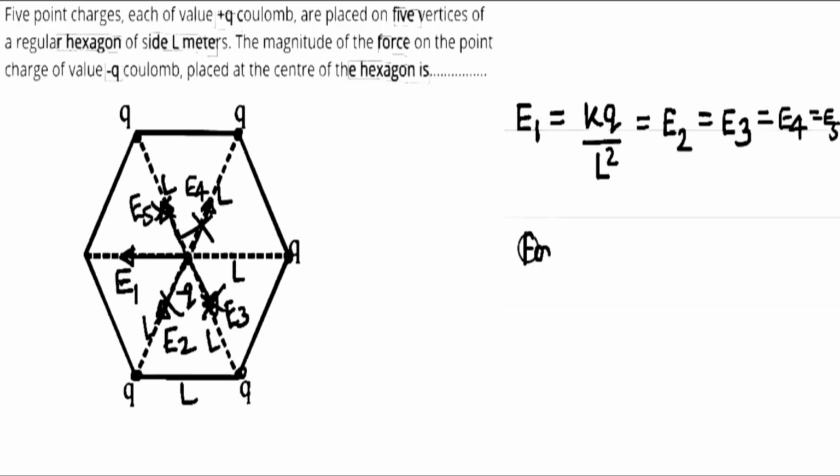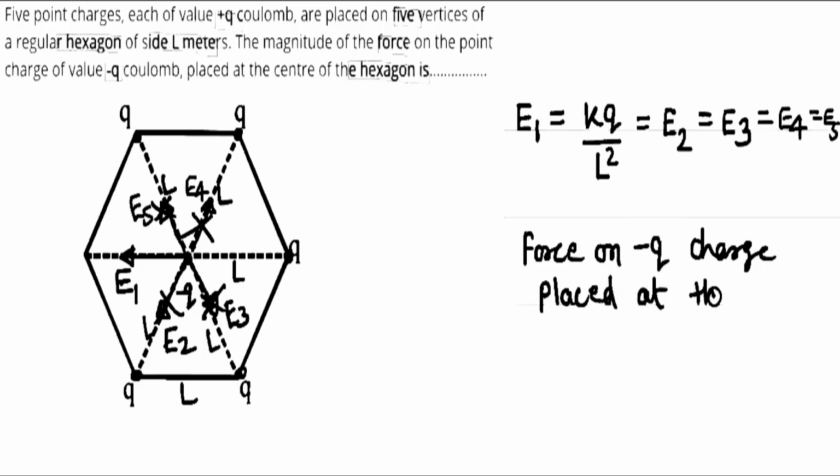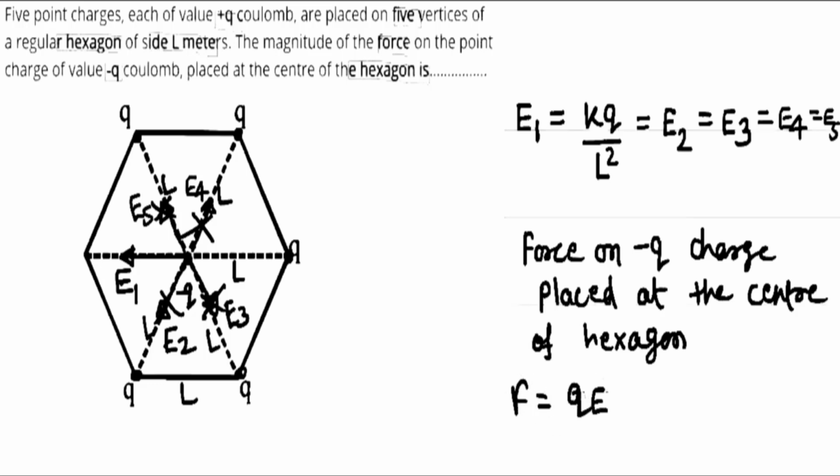So the force on the minus q charge placed at the center of the hexagon can be given as force equals to Q into E. If we talk about the direction, since this charge is negative and the electric field direction is towards left, the direction of force at the center will be towards right.